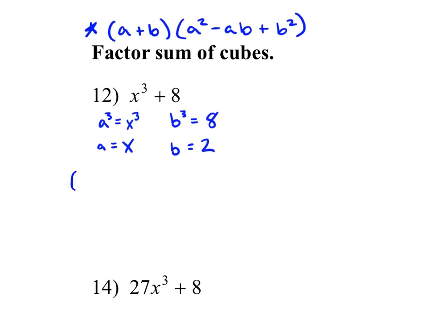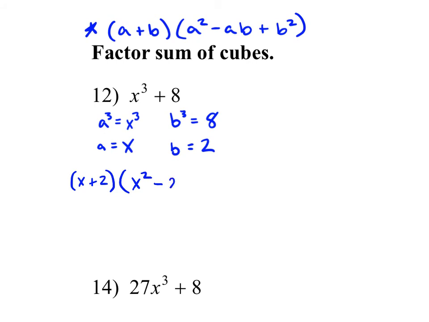We have a plus b, so what would a plus b be? How would we write that? X plus 2. Awesome. And then we have a squared. How would we write a squared? X to the second power. Then minus a times b.